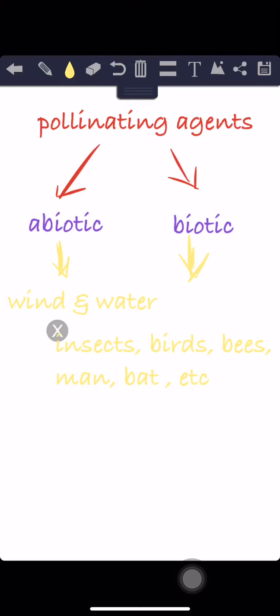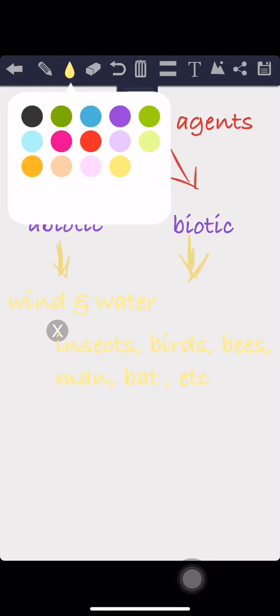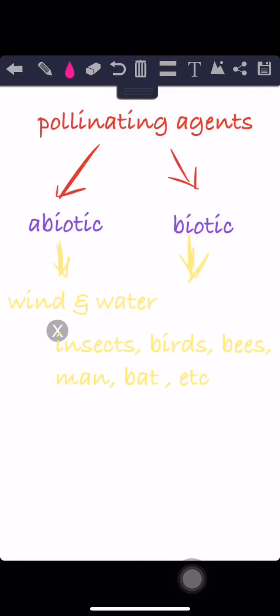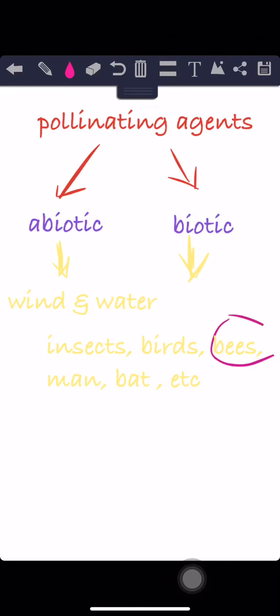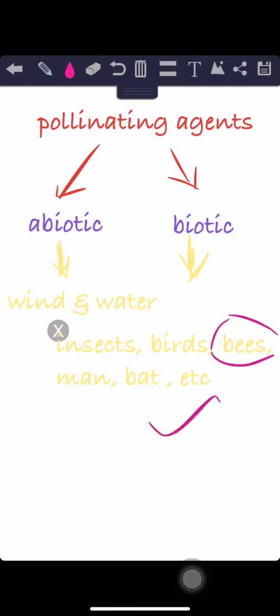And in all of them, the most dominant pollinating agent is bees. Always remember, children, bees are the most dominant pollinating agent. Secondly, there are various names given to them.